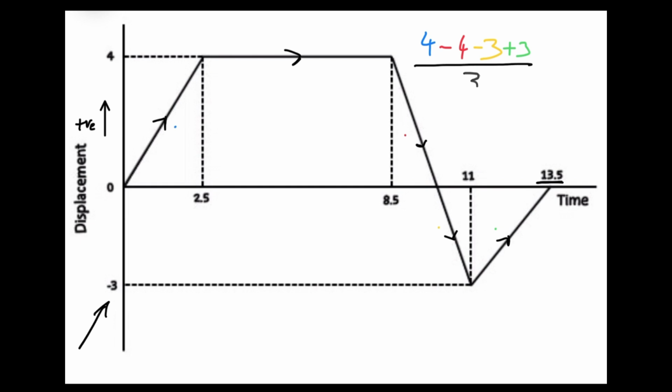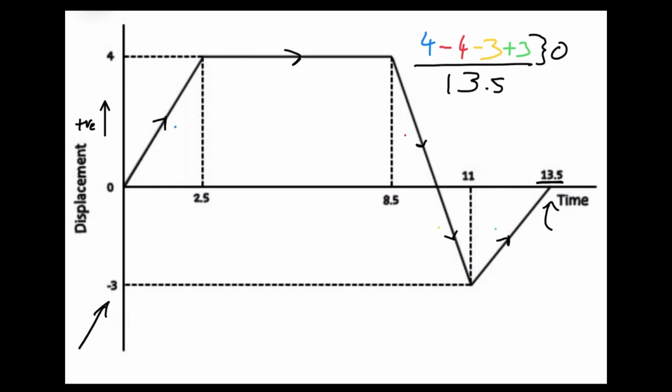So we divide by this 13.5. In this case though, this displacement is actually 0 overall because we've returned back to the origin at the end. This hence causes the velocity to be 0 overall because 0 divided by 13.5 is 0, because on average the positive velocity has matched the negative velocity and cancelled out.